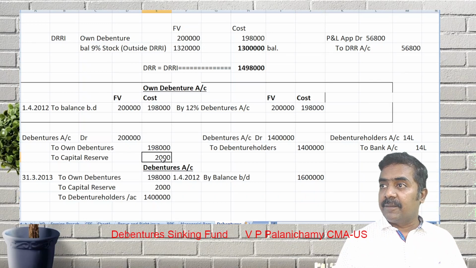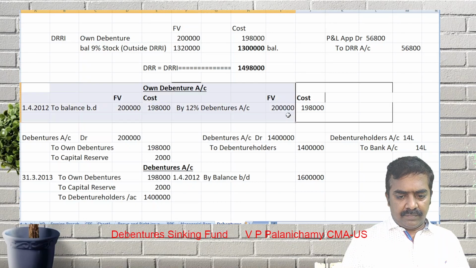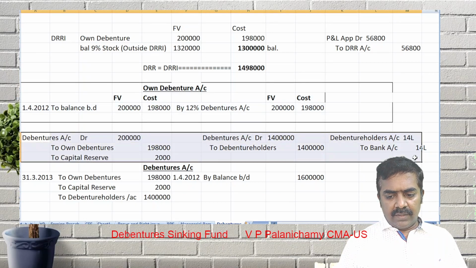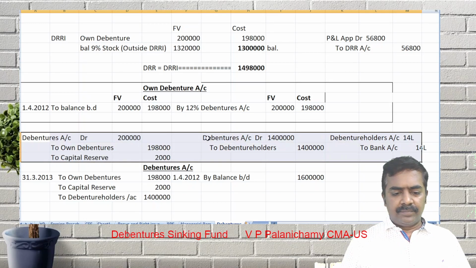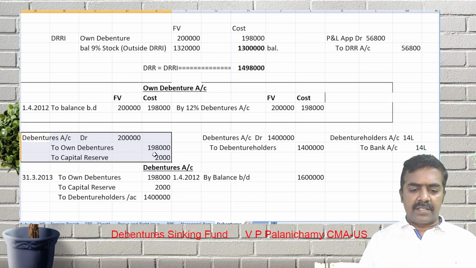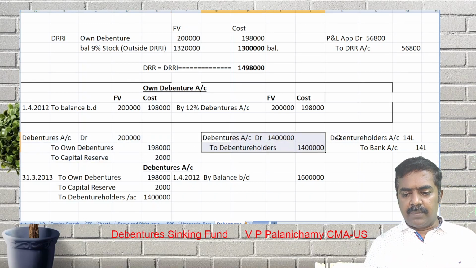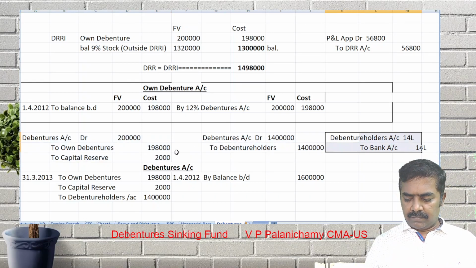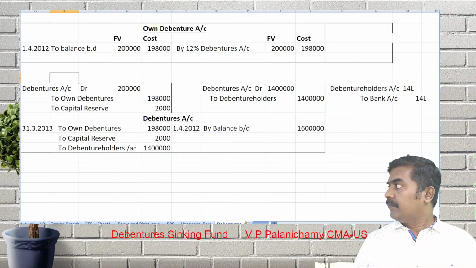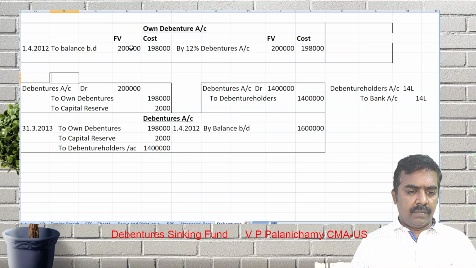Up to this, are you clear? Actually, journal entry கேட்கல examல. But journal entry I passed to make you comfortable with respect to cancellation of debentures, redemption of debentures and payment. This is cancellation.